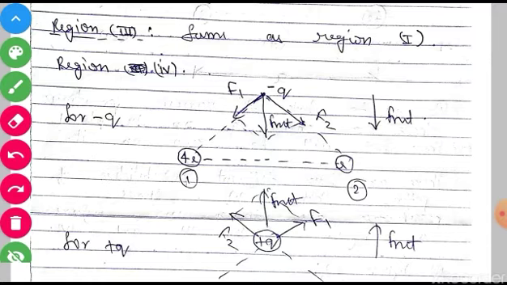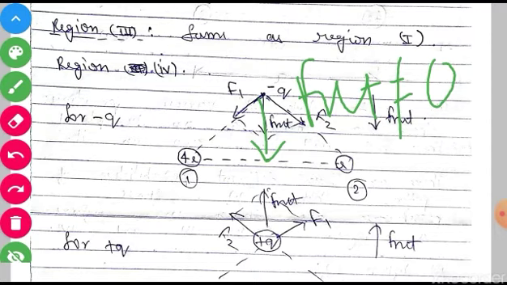Now since both F1 and F2 are at some angle to each other, their resultant must be something in between them. Clear? So in this case, F net is not going to be 0 because there must be some resultant. Two vectors can only cancel each other when they are anti-parallel to each other.